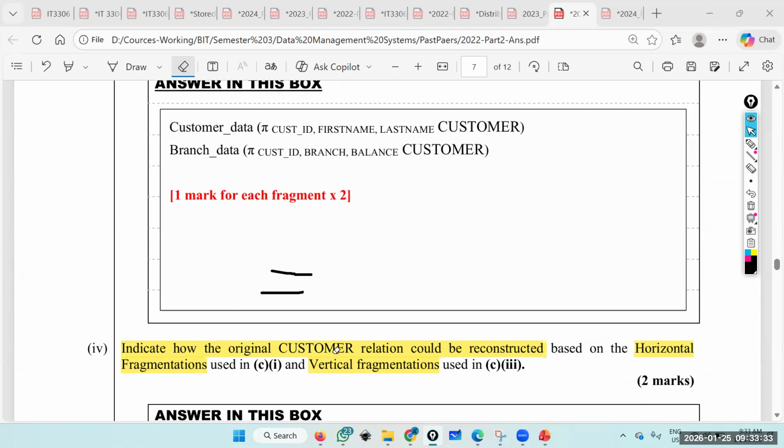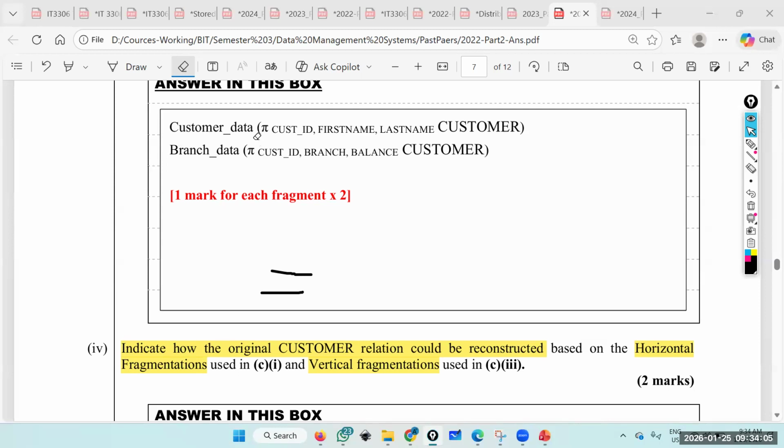Indicate how the original customer relation could be reconstructed based on the horizontal fragmentation used in C1 and vertical fragmentation used in C3. For vertical, you need to do the join because now it's like two tables. For horizontal fragmentation, you need to do the union. For the previous one, you don't need the join.